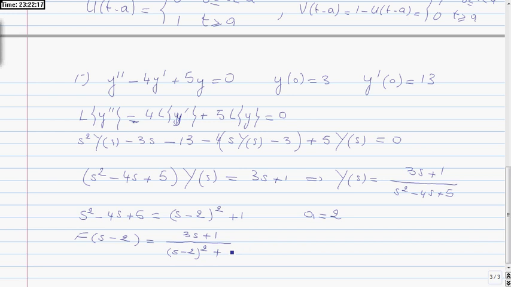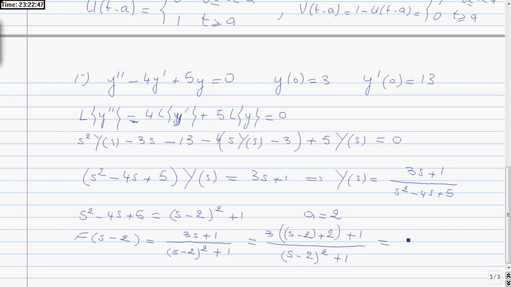Now, the denominator is already a function of s minus 2, but not yet the numerator. So we just need to change it. We have s, we just replace it with s minus 2 plus 2, and then we use brackets, plus 1, over s minus 2 squared plus 1.